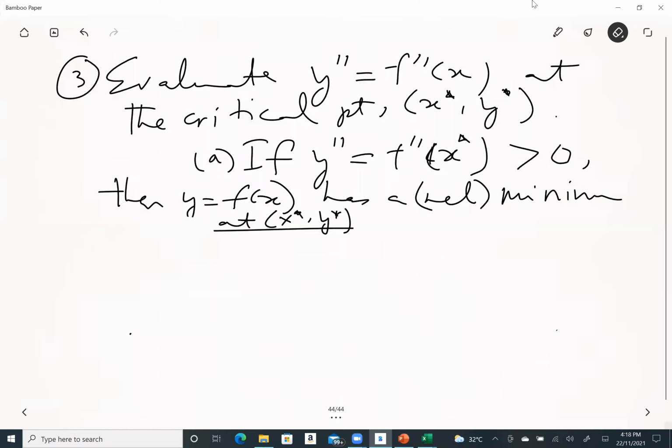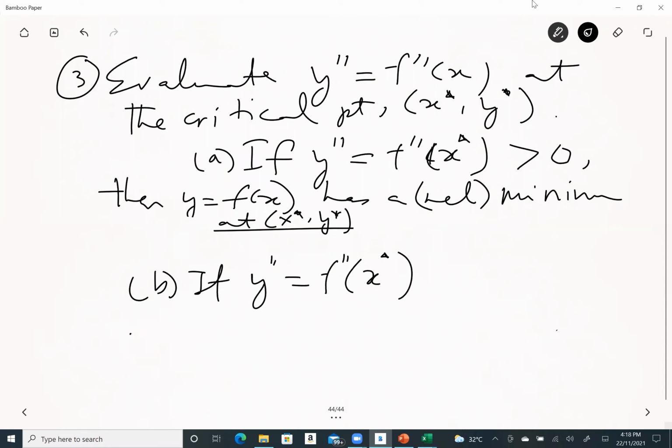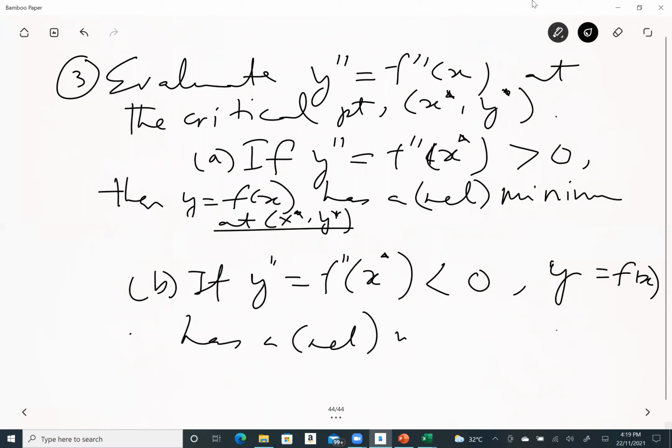Second possibility: if y double prime, or f double prime, at x star, the critical value of x, is negative, less than 0, then y equal to f of x has a maximum at x star, y star.